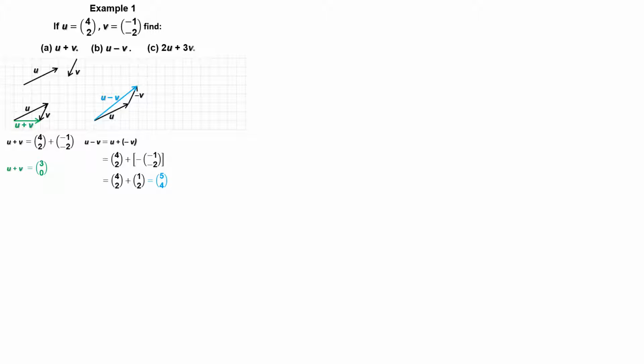Find 2 times vector u plus 3 times vector v. We will make the same. Draw the resultant.